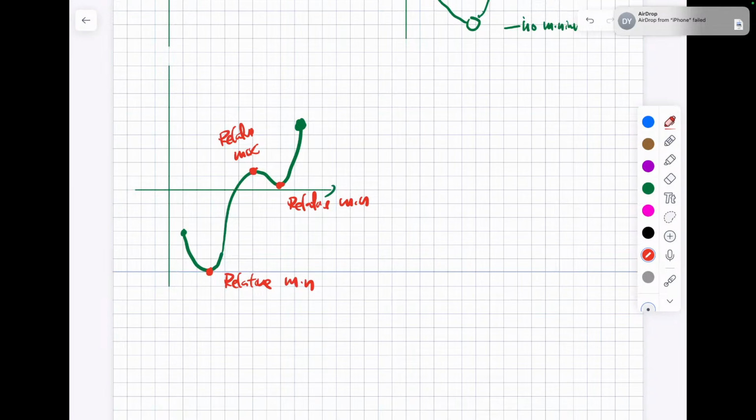The category of relative means it has to be decreasing followed by increasing. You cannot just decrease all the way to the end and say that is a relative. No, relative has to have two actions. It has to go down and up or up and down. You cannot just go straight up to the endpoint. That point doesn't count.